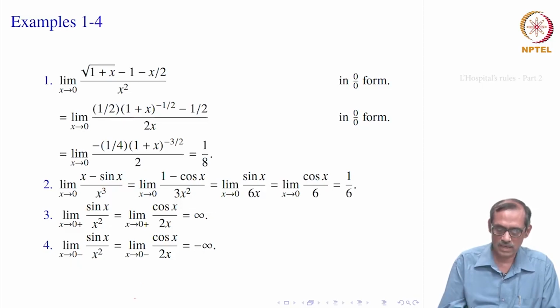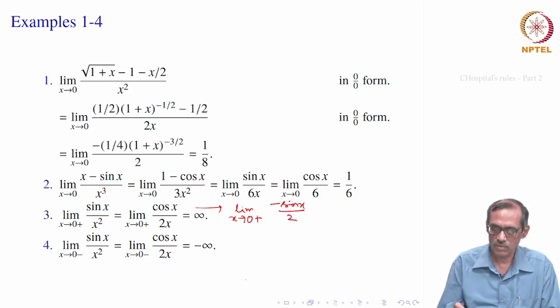Now, this is again in 0 by 0 form, right, cosine x by x. You can use L'Hopital's rule again here. That would give the limit as x goes to 0 plus of minus sin x by 2. Okay. Is that right? And that would give 0.